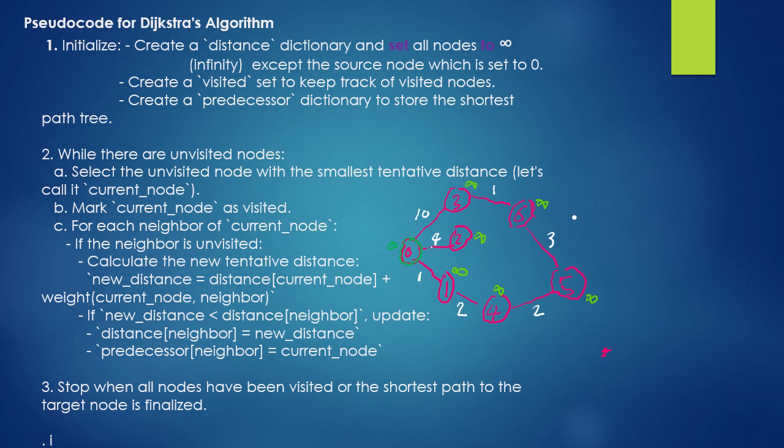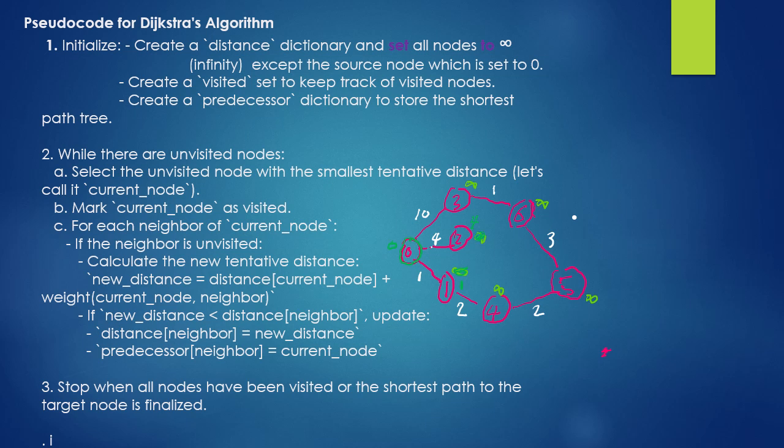If the new distance is less than their already assigned distance, I update; otherwise, I let it stay as it is. In the first step, obviously, I update. This one is already infinity, so from here, 0 plus 1 gives the first node a distance of 1. So it's updated to 1. Then 0 plus 4 is 4.